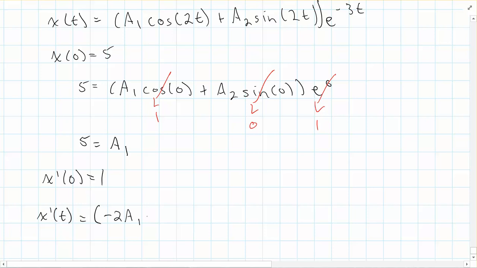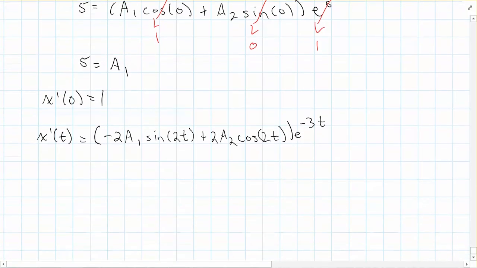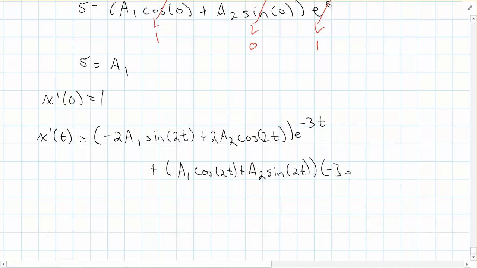So negative 2a1 sine of 2t plus 2a2 cosine of 2t, and then this is e to the negative 3t, and I'm not going to have space here, so I'm going to scroll down a little bit, plus, well, we don't do anything now, so this is a1 cosine of 2t plus a2 sine of 2t, and then the derivative of this would be negative 3e to the negative 3t.